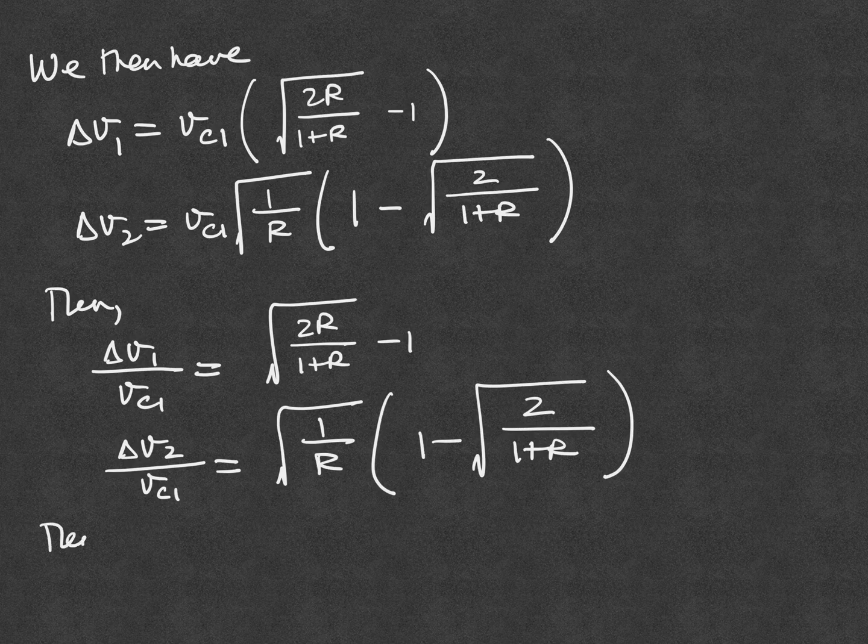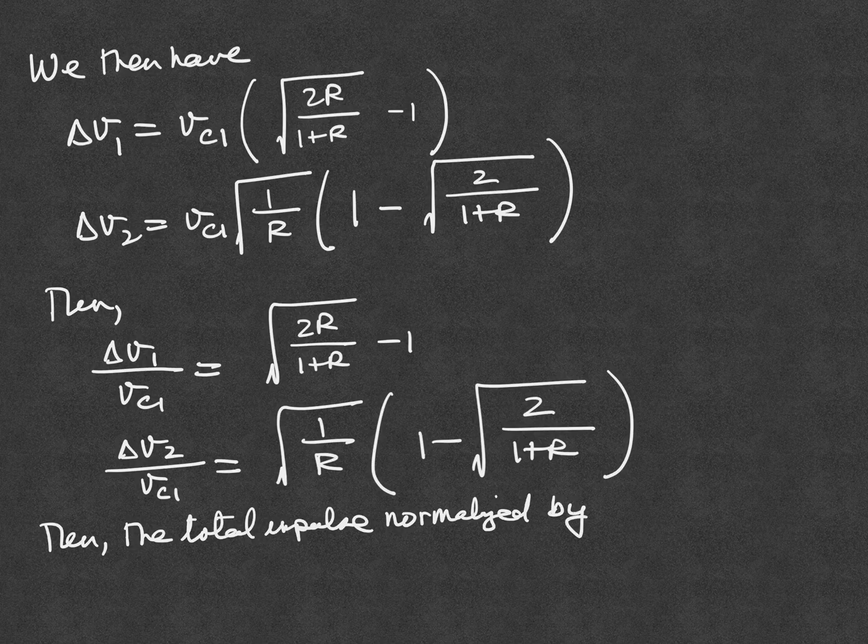So then the total impulse normalized by VC1 is given as delta V Hohmann divided by VC1 is equal to, well, it's the sum of these two.